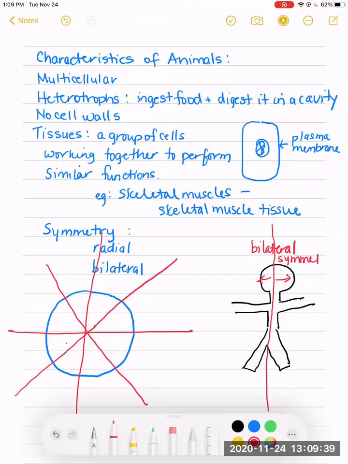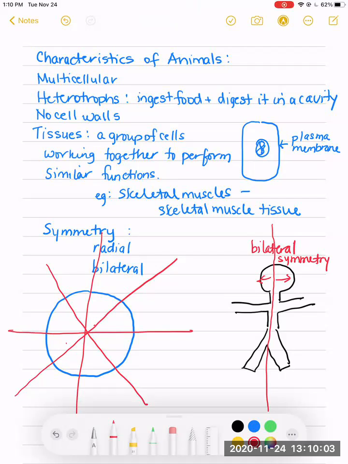So that would be bilateral symmetry. All but the sponges are going to have symmetry. So that's an animal characteristic, again, except for those most basic animals. In fact, sponges are sometimes not included as true animals, and we'll talk about that in a second as well.